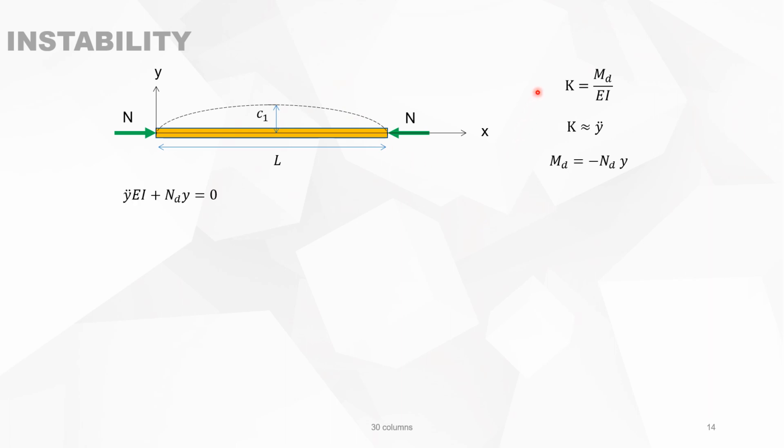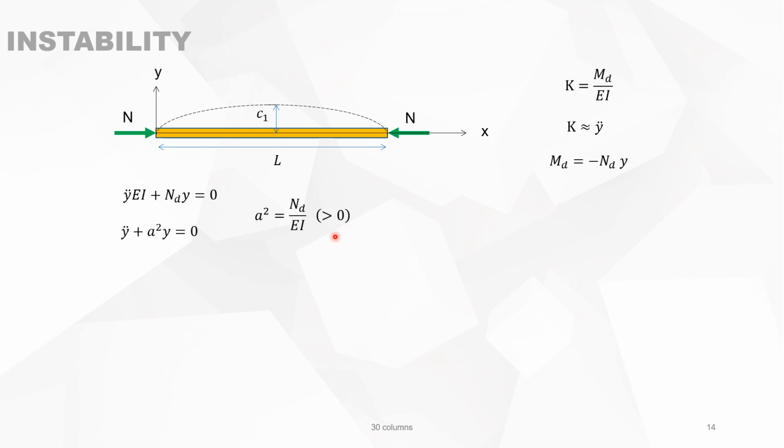Now we will substitute those into the equation, and we get that the second derivative of y times EI plus the normal force times y is equal to 0. Now we can make a small substitution by taking a squared equal to ND over EI, the stiffness.